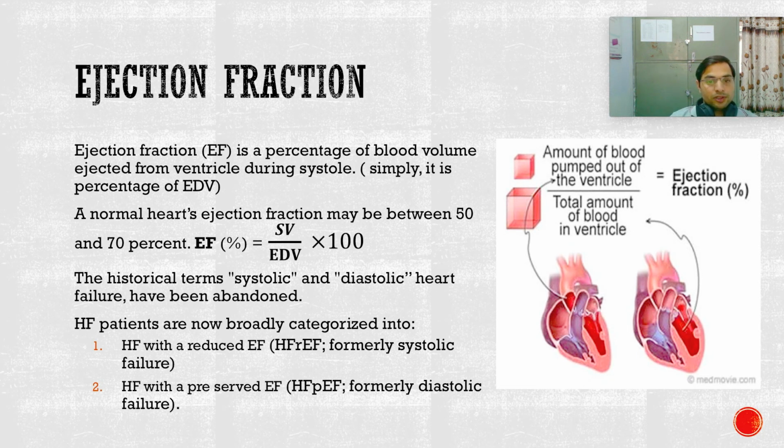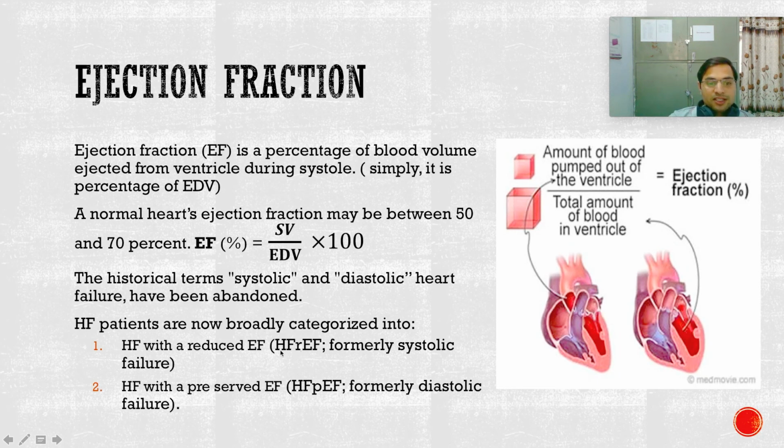We will talk about systolic and diastolic heart failure in the heart failure slides. Nowadays the latest classification for heart failure is under two categories: heart failure with reduced ejection fraction and heart failure with preserved ejection fraction.